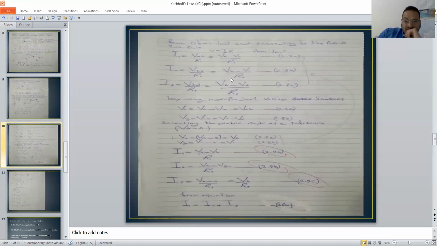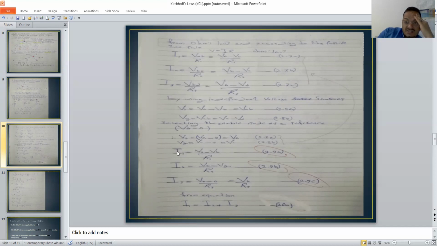I3, VD equals 0, will be equal VB divided on R3. That's great. Those are three very important equations, and the last important equation will be the result of VB.